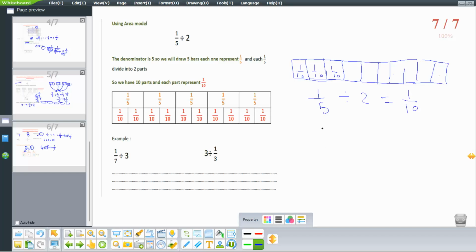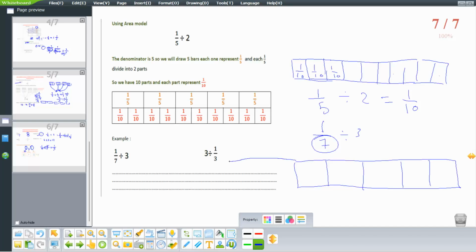If I have, like this, 1 over 7 divided by 3, the denominator is 7, so we are going to draw 7 bars. 1, 2, 3, 4, 5, 6, 7, and each one will be divided into 3.